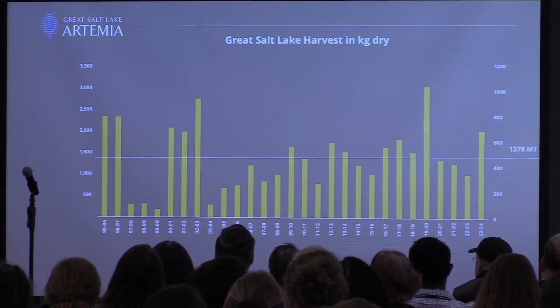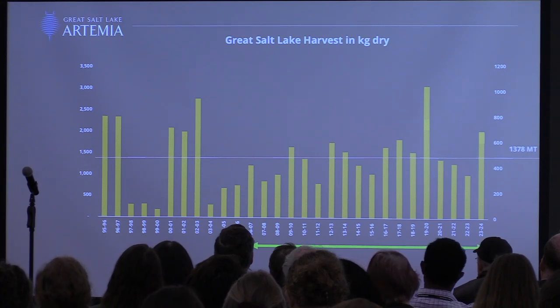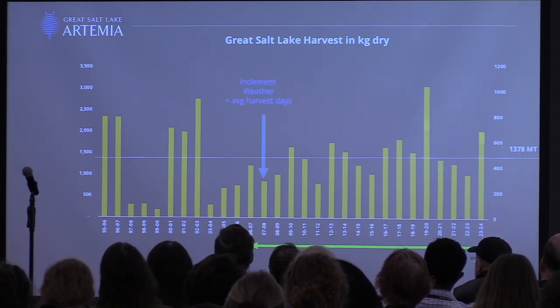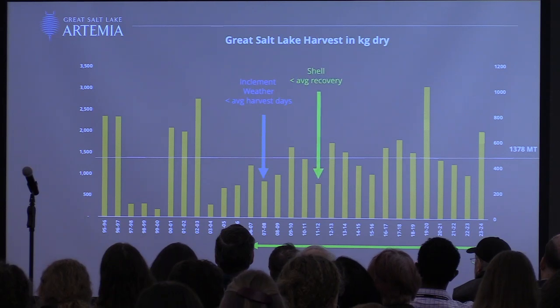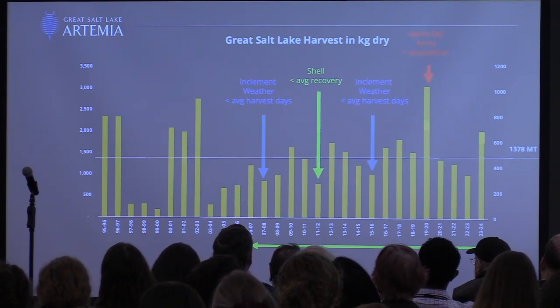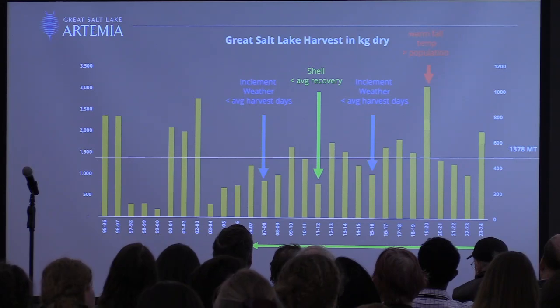Now, in this period of time where we get more stability, we do see a little bit of variability. And the variability is primarily the result of events that we don't control, mostly weather events. I won't dwell on that too much, but there's a few examples here. In some cases, we're just not able to harvest the product because of weather.